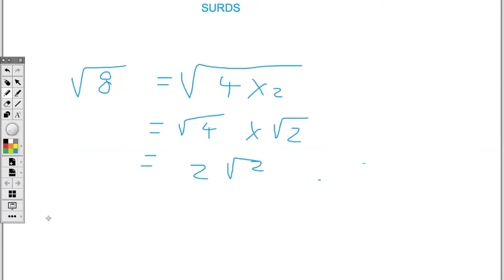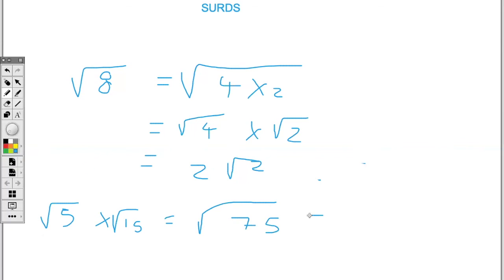But what about if I give you root 5 times root 15? In a case like this, we have 5 times 15 to give us 75, and we might think, oh, this is the answer.